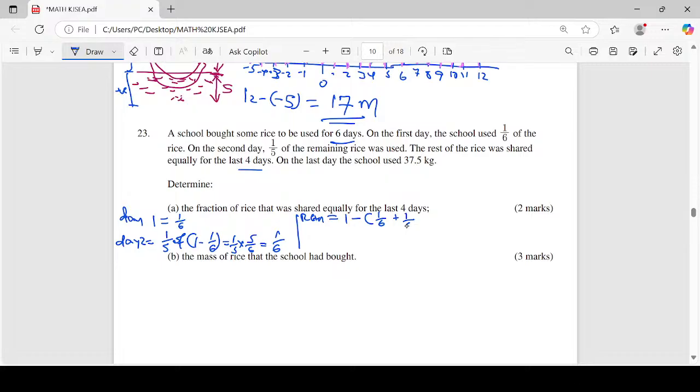In my calculator, 1/6 plus 1/6 is a third when simplified. Subtracted from 1, I'm having 2/3. So the fraction that was shared equally was 2/3.